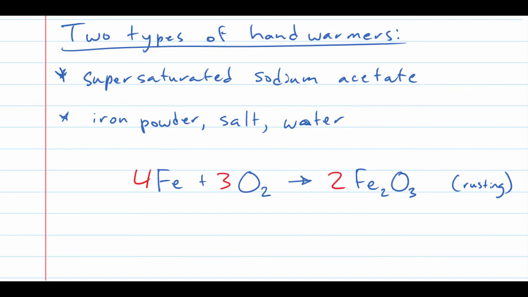So we can put it into a bag. If we put it into an airtight bag, we can go ahead and stop that reaction, and then we can open up that bag again and cause that reaction to go. However, once we use up all of the iron powder in there, we can't take the reaction backwards, and those then are not reusable. Those are ones that once they're used, we toss them out and we need a new one.